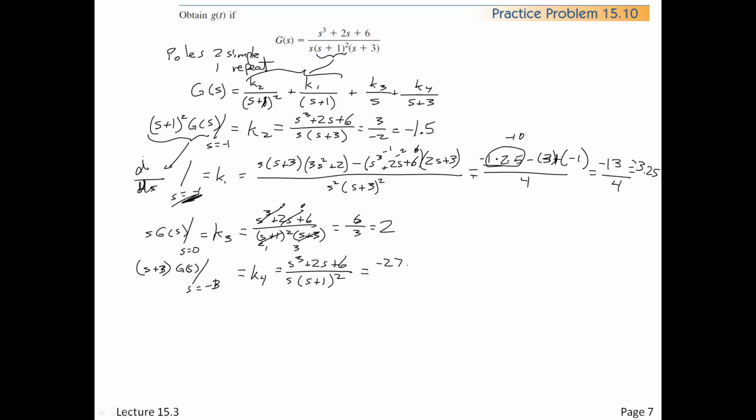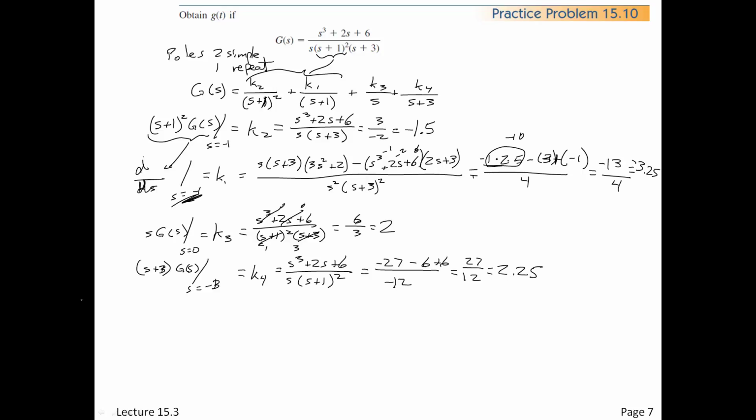Minus 3 times 2 is minus 6, plus 6, over minus 3. Minus 3 plus 1 is minus 2, so that's 4 times minus 3, looks like minus 12. Okay, so I'm seeing 27 over 12. So this looks like 2 1/4 and a positive 1 at that.